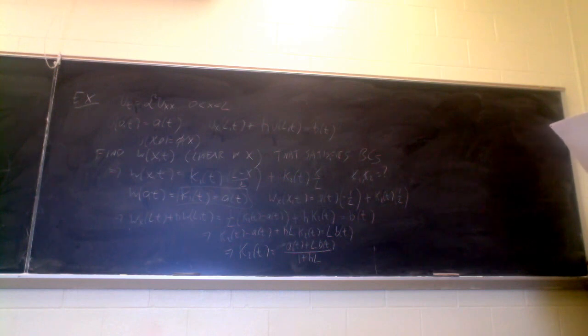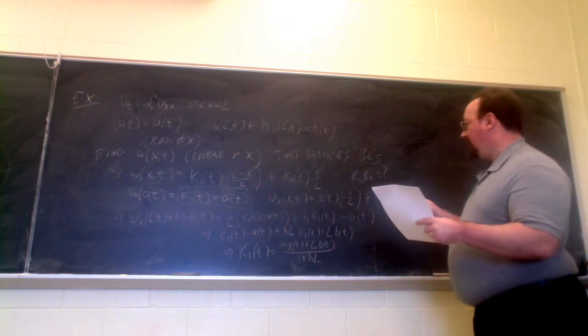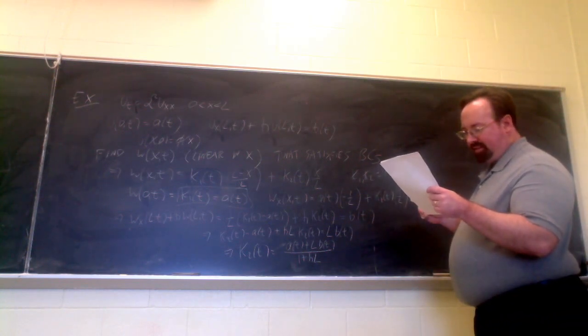It's weird. Why do I have it written differently? L b of t. Hold on a second. Something's wrong. Or something's wrong in my notes. I need to find out.